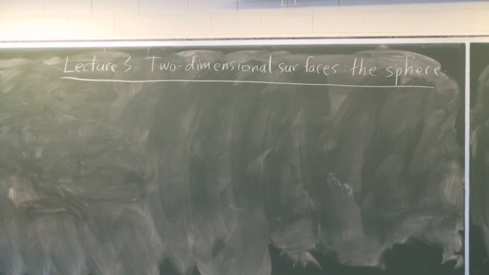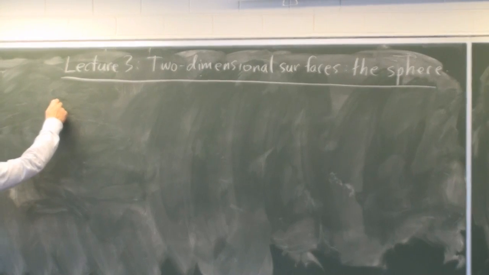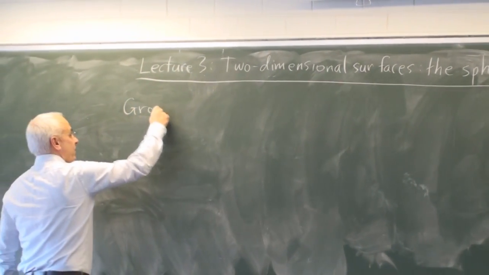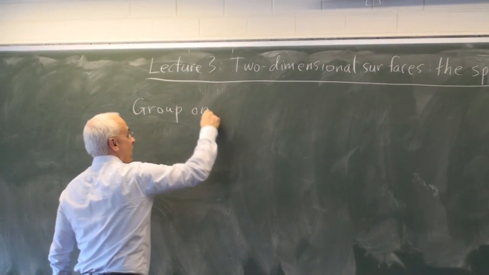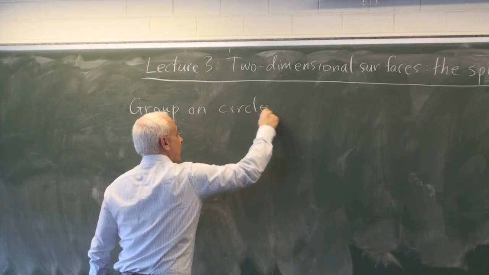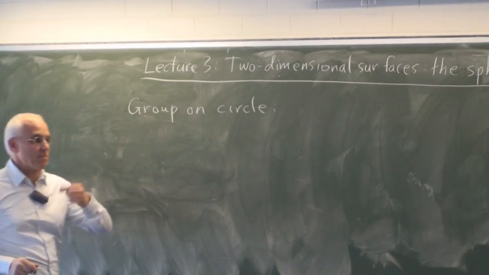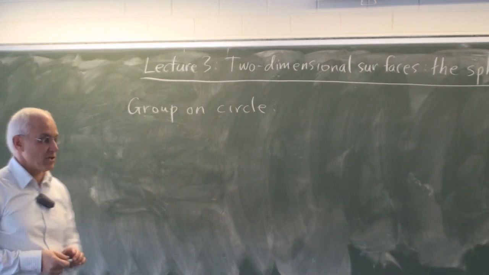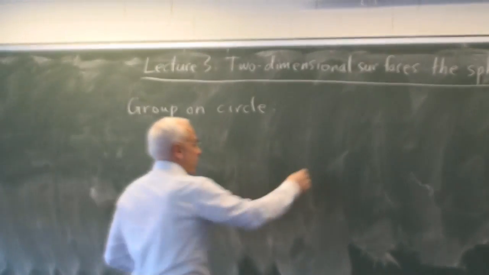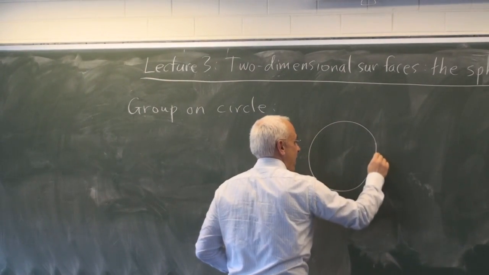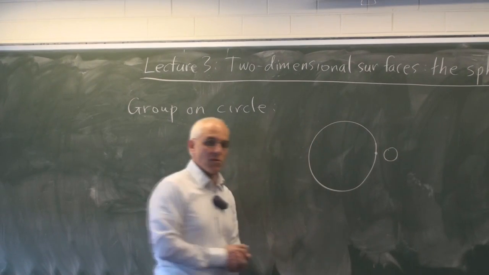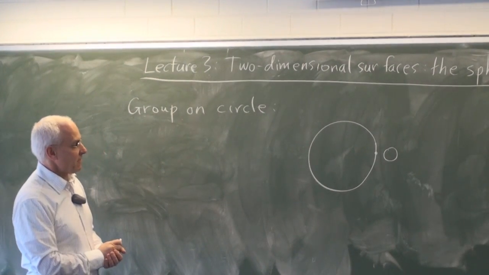All right, so one thing that we can do with the group structure on the circle is use it to define those maps that wrap around the circle. So here's a circle, and there's our origin, which is the identity for this group.